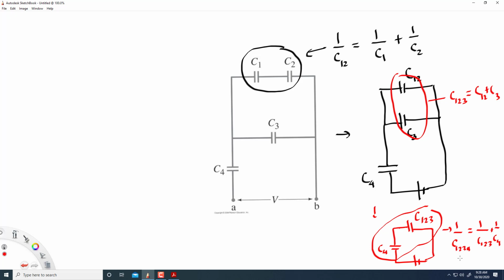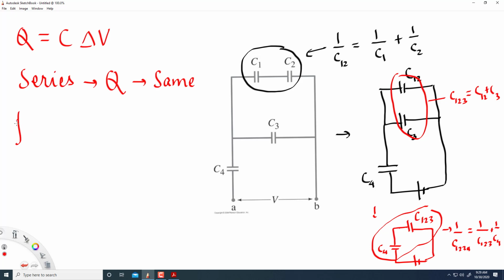And then it's all about applying this formula for capacitor, Q is C delta V. And also apply this rule: if the capacitors are in series, Q is the same.